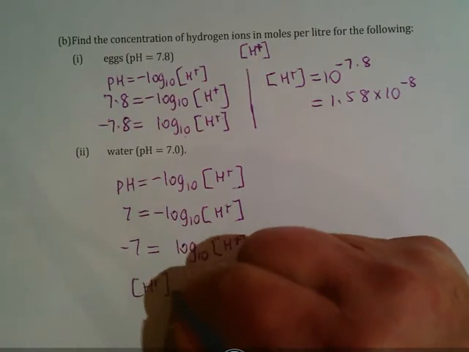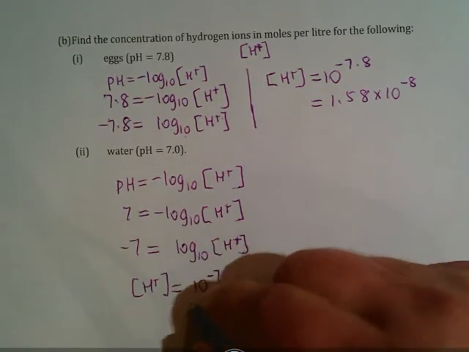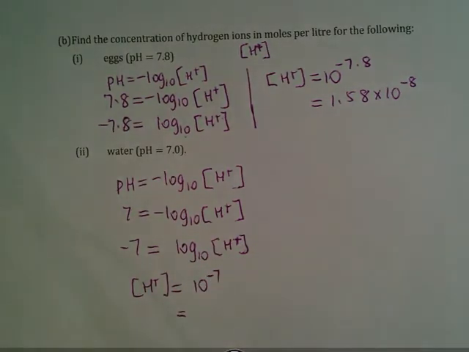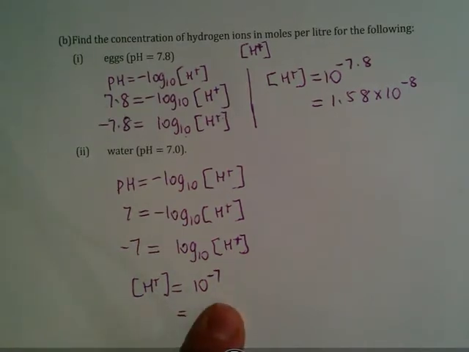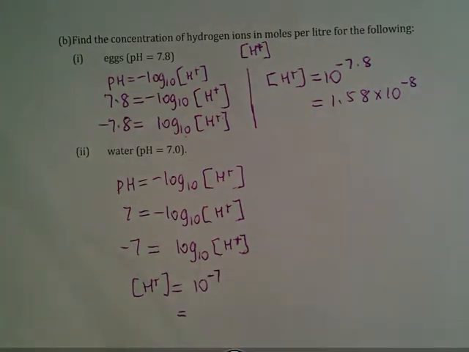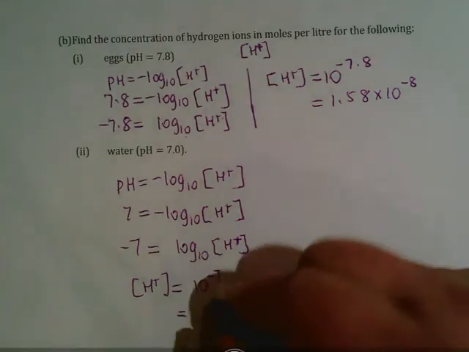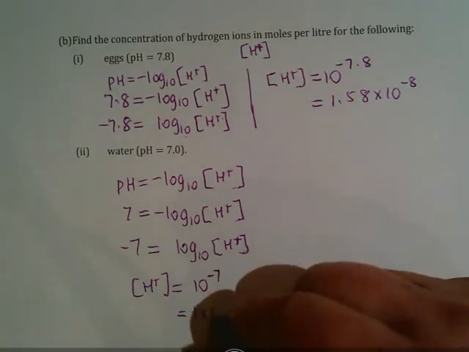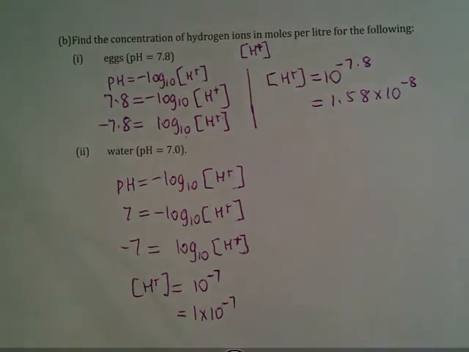Those studying chemistry will recognize that. You can leave that, or you can put it into your calculator, and that one is just the same: 10 to the power of negative 7 is just 1 times 10 to the power of negative 7. Okay, and that's it.